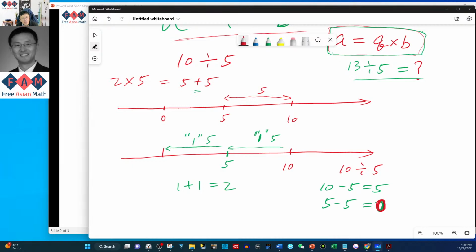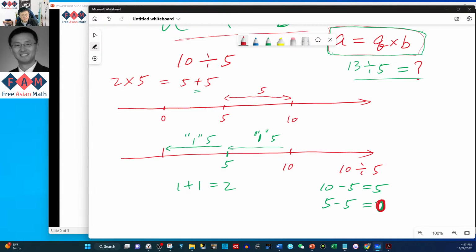That means that we don't have anything left. And that's a perfect number, 0. In this case, that's exactly what we want: to arrive at a number that shows that we don't have anything left.